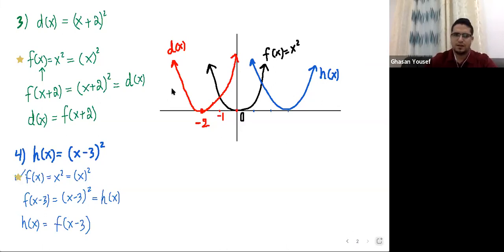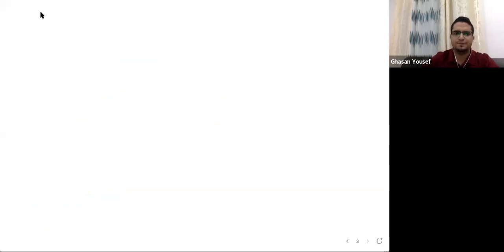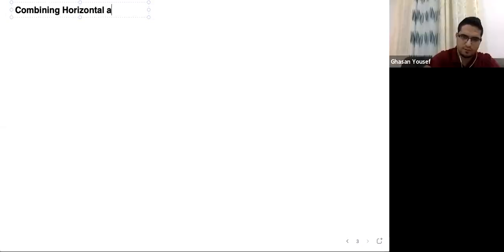Here is the example. For the example, combine horizontal and vertical shifts.